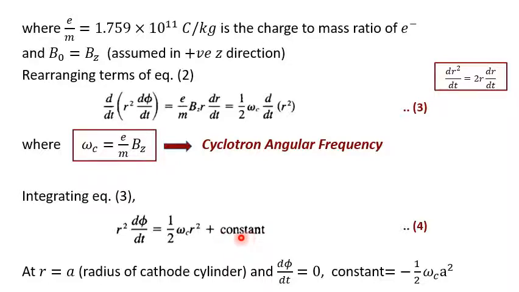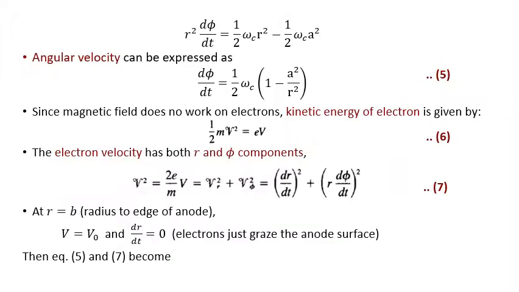You will get the integration constant equal to minus 1 by 2 omega c a squared. By substituting it, we get r squared d phi by dt is equal to 1 by 2 omega c r squared minus 1 by 2 omega c a squared.